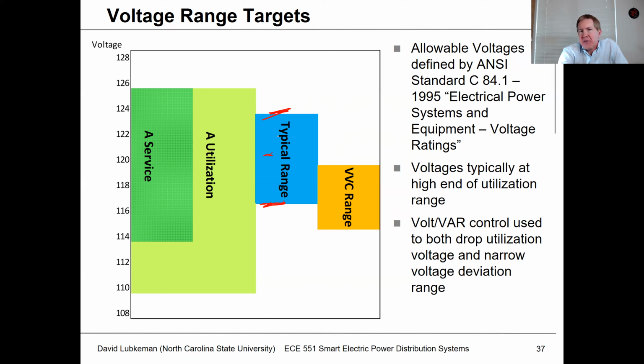But basically what CVR involves is not only reducing the voltage down, but we also kind of squash the range of voltage down a little bit by preconditioning the circuit or by using better controllers on the circuit. And so we still have to keep the voltage within plus or minus 5% at the customers, but we're going to be very careful that we don't go below this lower limit.